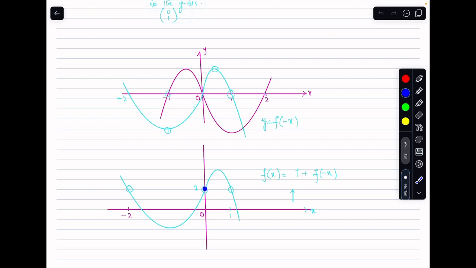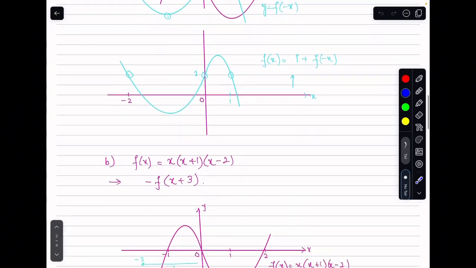So shifting it by 1 unit, it has moved to 1 unit here. -2 also should be moved by 1 unit. 1 also has moved, which was the root of the function after the reflection in the y-axis. This has also moved by 1 unit. So I've just shifted the graph by 1 unit upwards, so that this is how my graph is going to be. So this is how we do the reflection, and it's a composite transformation having translation as well as reflection for this case. So let's do part B.